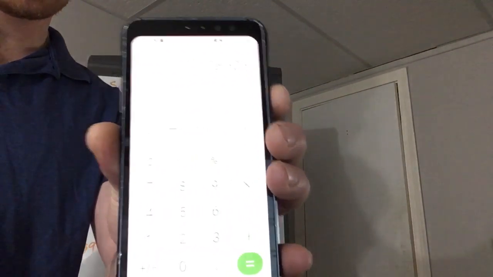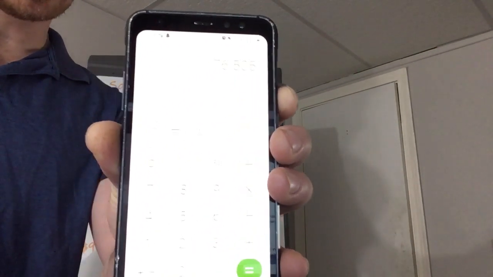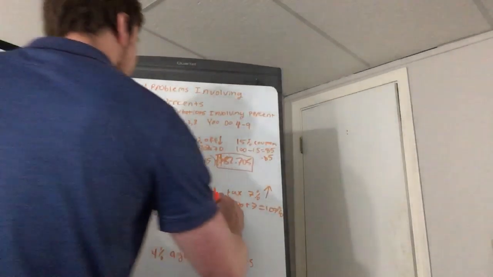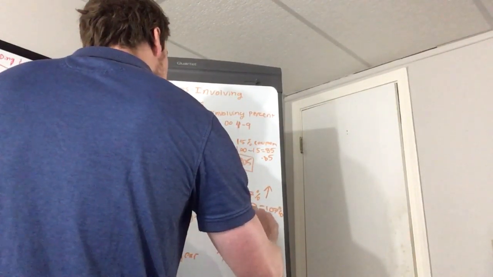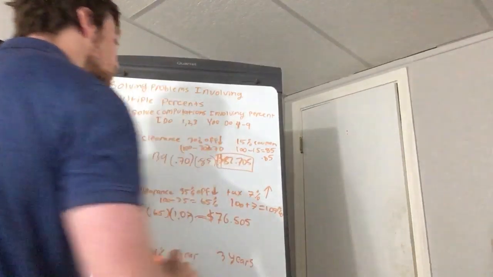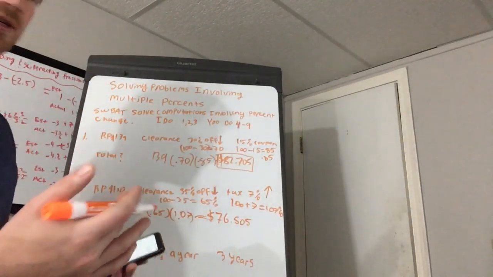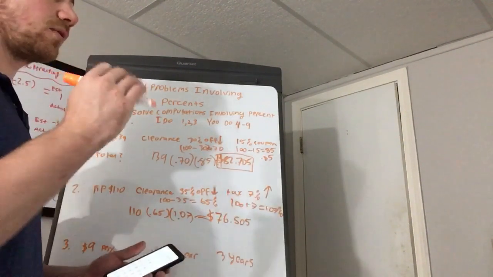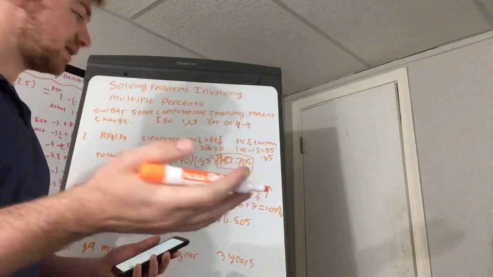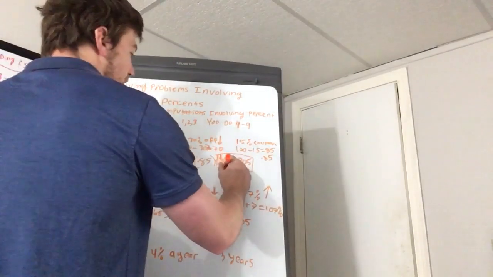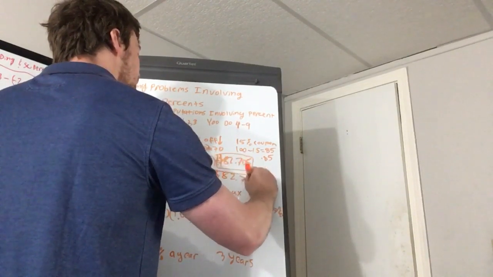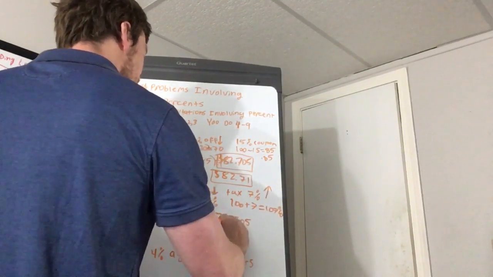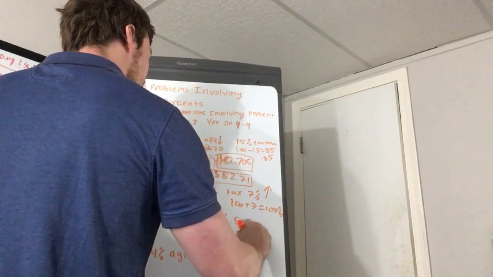You'll get 76.505. Now, obviously, you don't go to the next thing with decimals with cents. So I would just round. So for the first one, I would go 82.71. And I would leave this as 76.51.